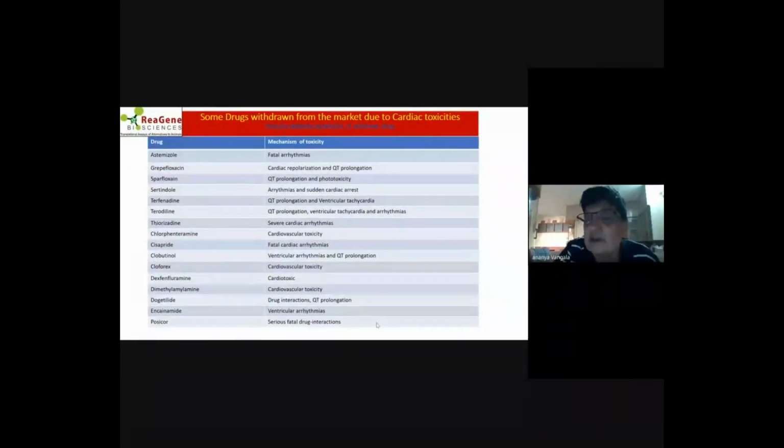Azithromycin increases the cardiac toxicity. So hydroxychloroquine inhibits the azithromycin metabolism. Azithromycin goes to a toxic concentration and stops the heartbeats. Basically, that's it. It stops the potassium channels, okay, and heart stops and people die. So for that reason, there are lots of drugs withdrawn from the market due to drug-drug interactions.